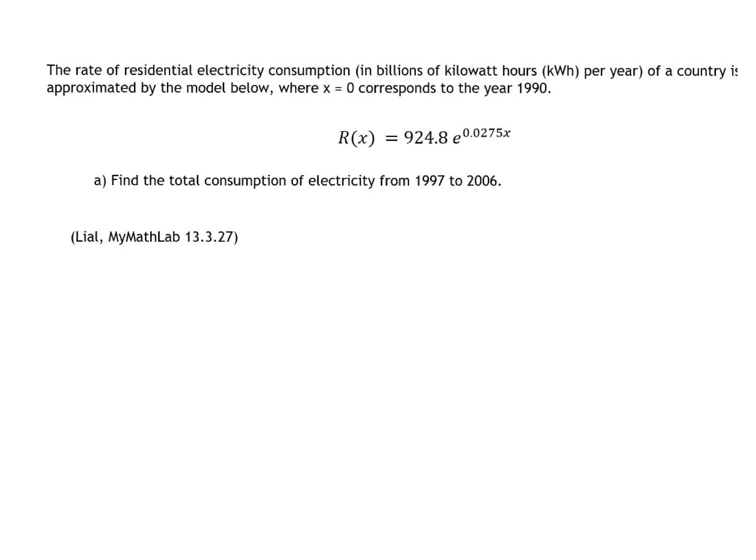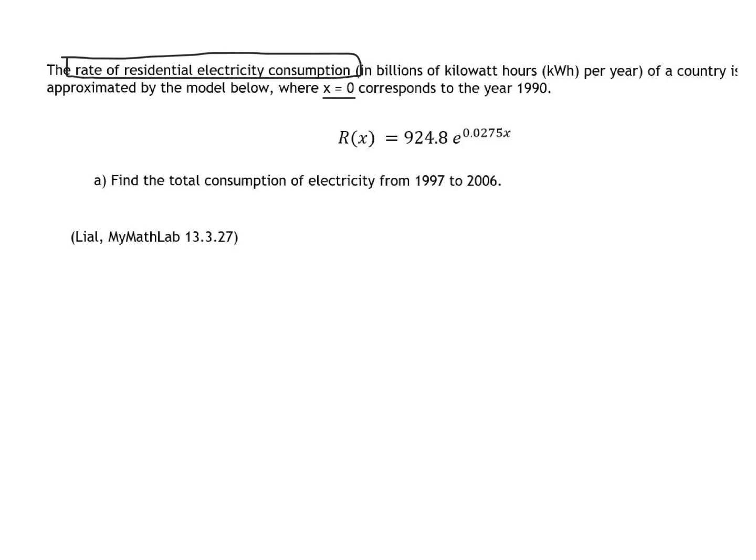Okay, let's have a look at this question. It is looking at the rate of residential electricity consumption. So again, all of those words are in there, consumption and rate. So we're looking at how much electricity is used over time, right?